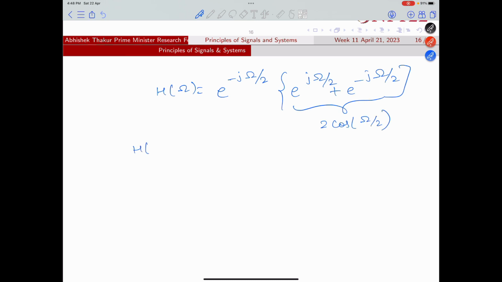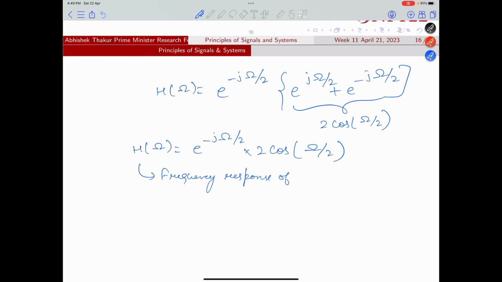So our H of omega becomes e to the power of minus j omega by 2 into 2 cos omega by 2. This is the frequency response. H of omega is also known as the frequency response of the given linear time invariant system.